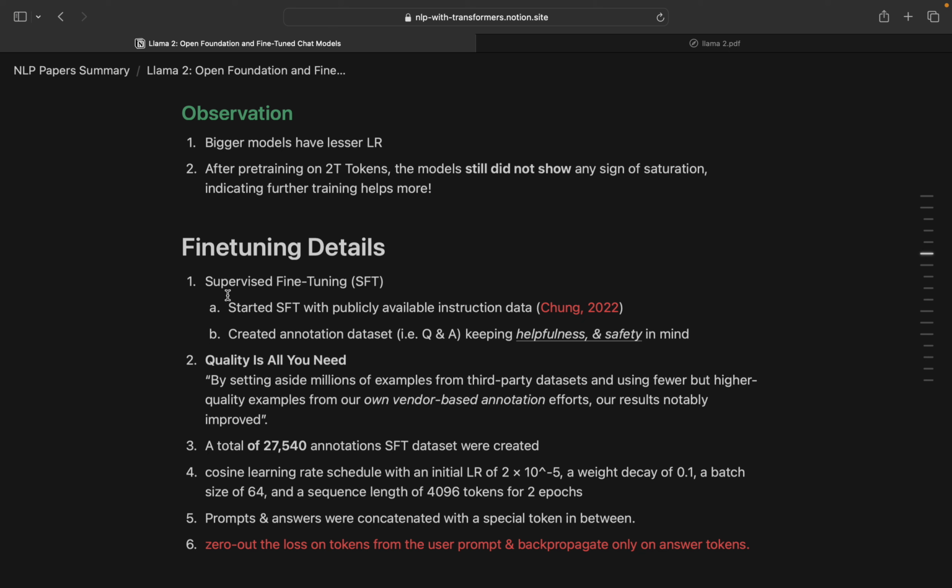SFT training data is nothing but an instruction data set: you ask questions and you create answers, and you combine these two together, and that's what your data looks like. It is not the case in the 2 trillion tokens, which is just a flow of words or a flow of tokens. But here it is structured. That's why it is called supervised. One has to sit and design this method: I ask the question, this is how you should answer, and that itself will create a training data set.